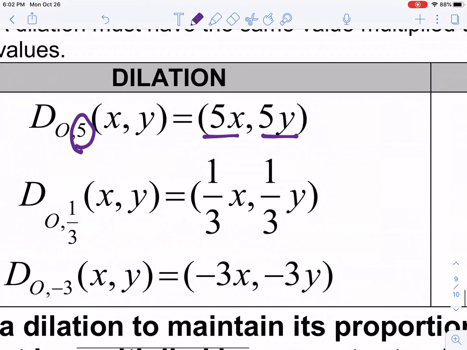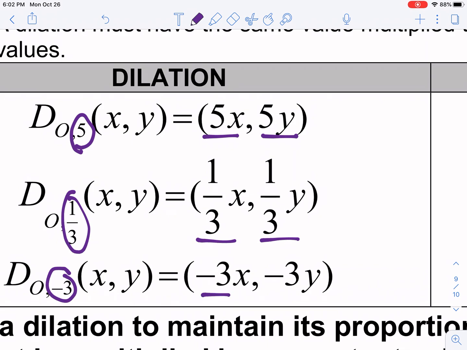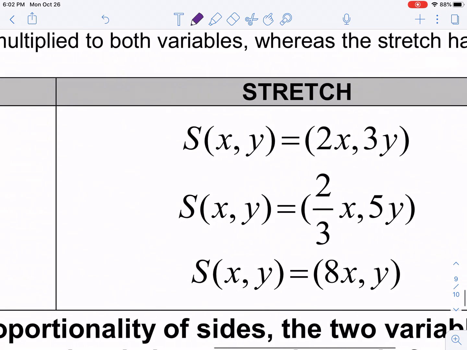Yes. This is saying I want to reduce this by a third because when we multiply by a third, it's going to get smaller. Is it multiplying a third to both? Yes. This says a -3. Is it multiplying a -3 to both? Yes. So when we have a dilation, it's going to multiply the same thing to both the x and the y. Not so much with a stretch.